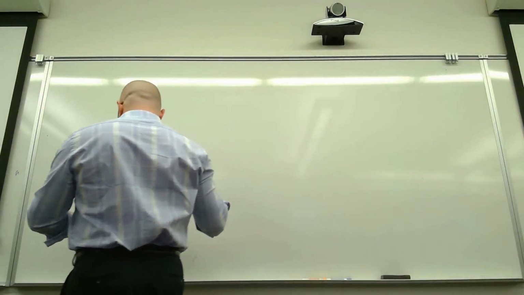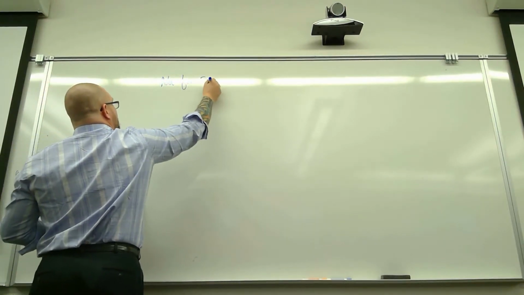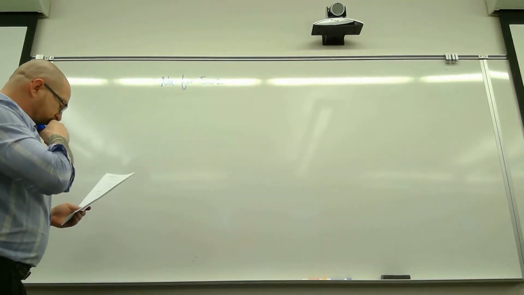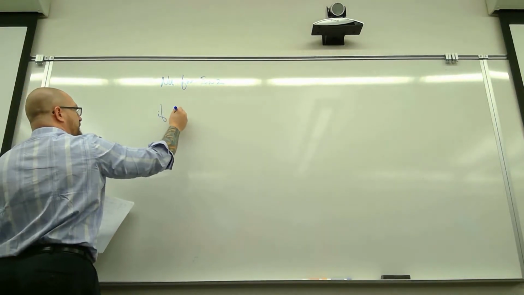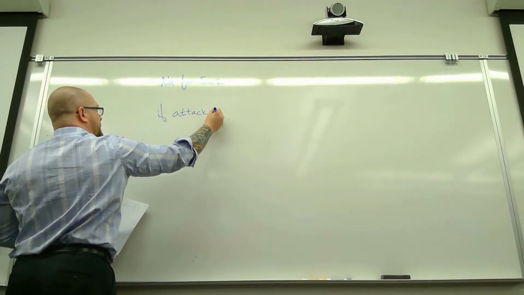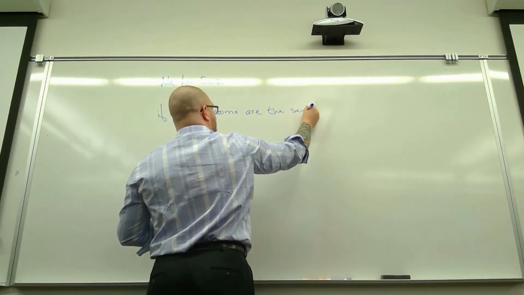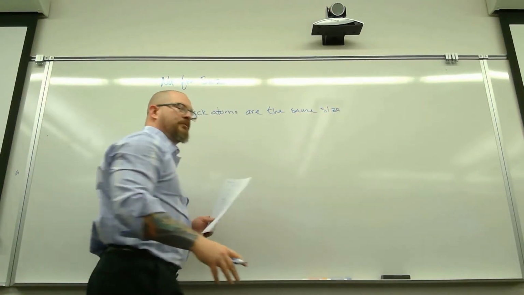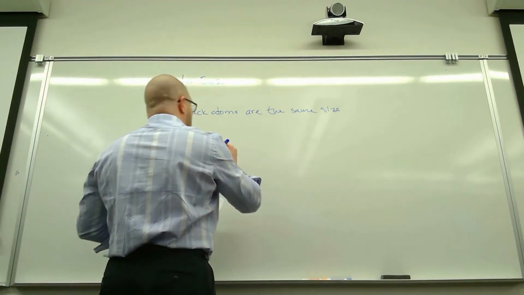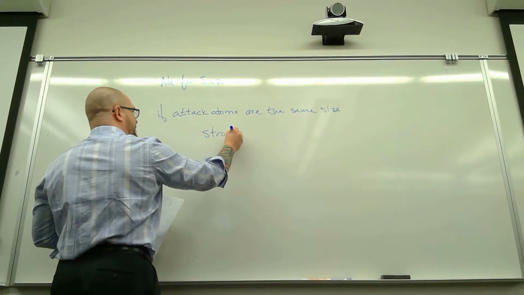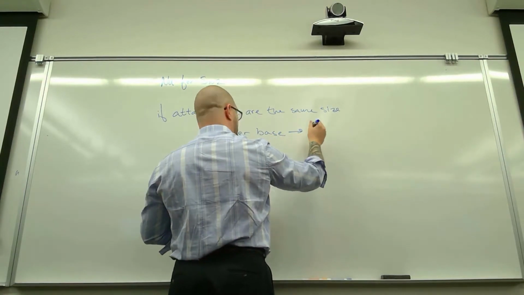Okay, so nucleophile, for SN2. If the attacking atoms are the same size, so everything being held relatively constant in terms of size effects, the stronger the base is going to be a better nucleophile.